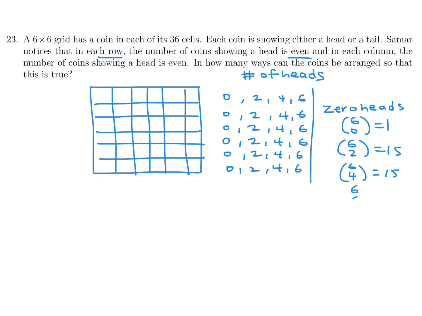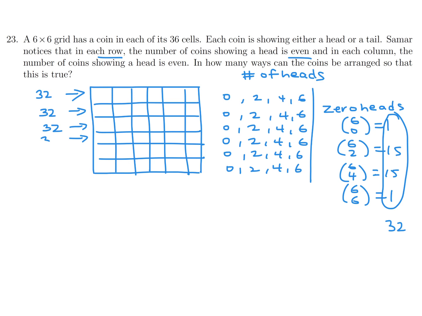And 6 heads, 6 choose 6, that's 1. If we add up these, that's 32. So there's 32 ways of arranging each row so that it has an even number of heads. So I have 32, 32, 32 ways like that.